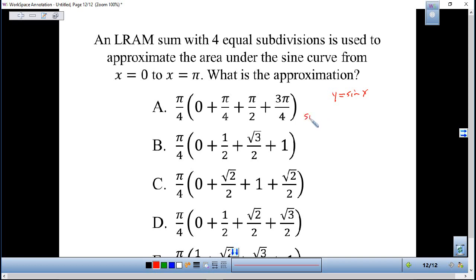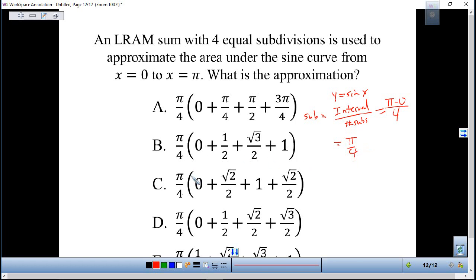Well, remember the subinterval is equal to the interval divided by the number of subs. In this case, pi minus 0 is the length of the interval, divided by 4, how many we want to break it into. So that's going to be pi over 4. Now that means that's going to be the common width of all of our subintervals.